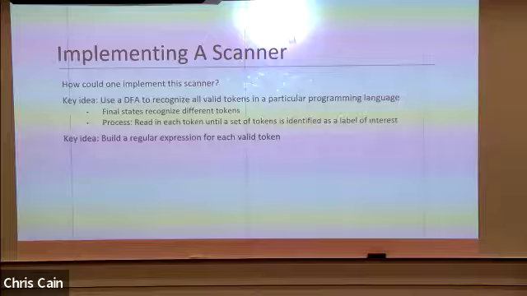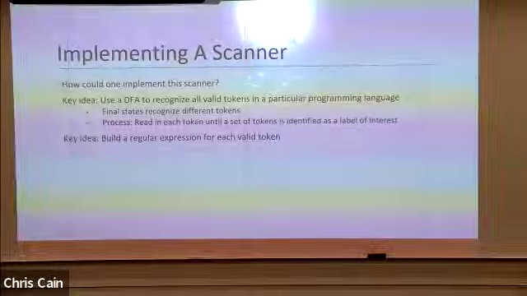We could also build a regular expression for each valid token. Something that says, all right, variables all start with a lowercase letter or an uppercase letter, but not a number. We can make a regular expression that maps to that and says that this token is a valid token.